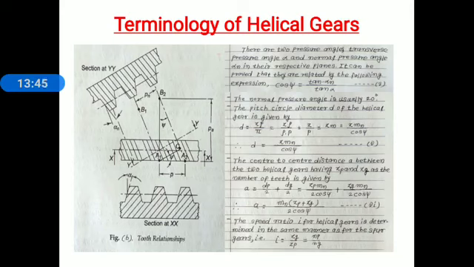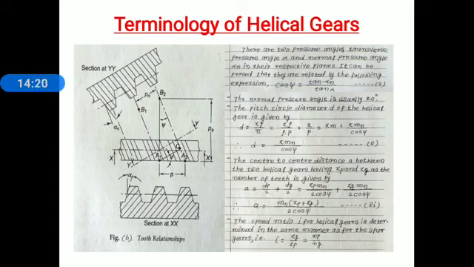Z suffix p gives the pitch circle diameter of pinion, so we get z suffix p mn divided by 2 cos psi plus z suffix g mn divided by 2 cos psi. From this expression we take common mn, the normal module, divided by 2 cos psi, and inside the bracket zp plus zg, called equation number 6. Using this expression we obtain the center distance.